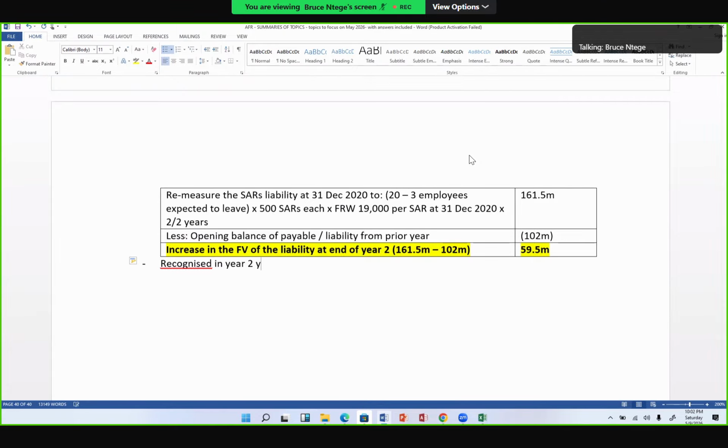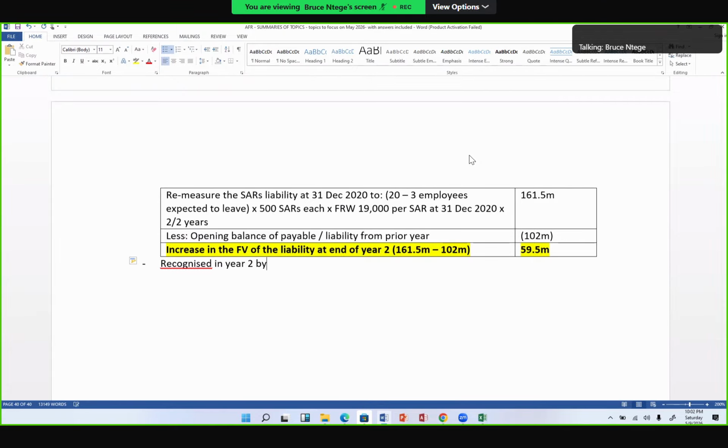I'm again going to debit the P&L, share-based expense, maybe under administration costs, and credit it in the liabilities, so that now my liabilities are bigger. So I'll debit the P&L with 59.5 million, and credit the balance sheet with 59.5. I'm putting the payable in the liabilities, 59.5. So my liability has increased.